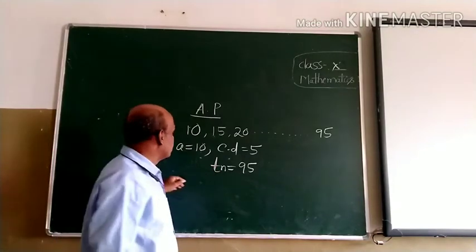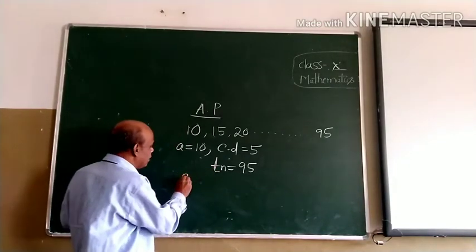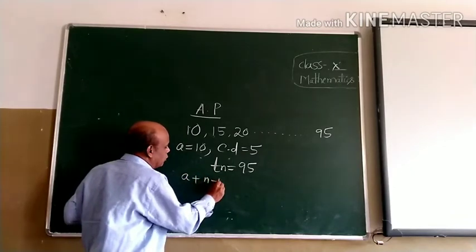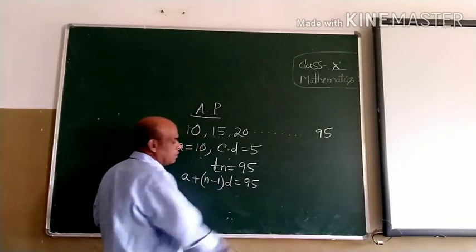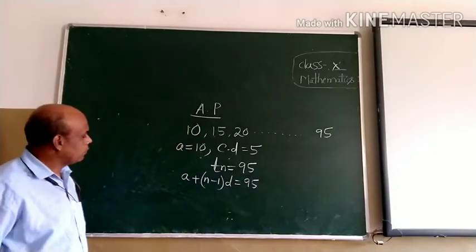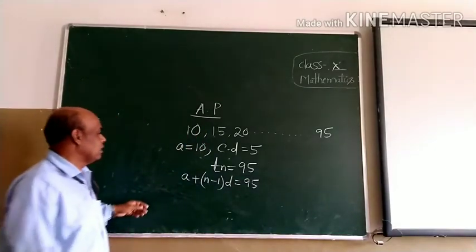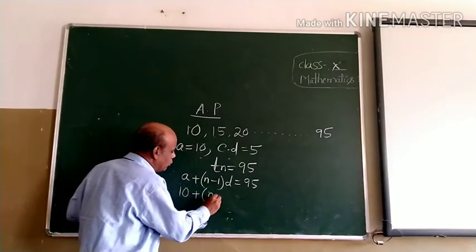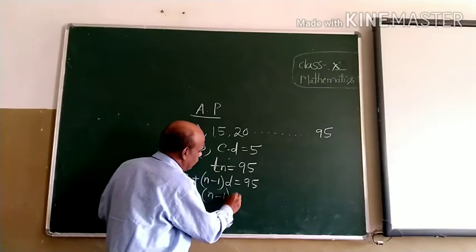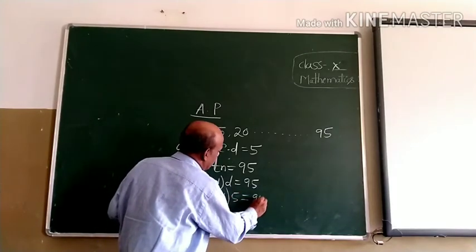Now we can put the values in the Tn formula: a plus (n minus 1) into d is equal to 95. Putting the values of a and d, a is 10 and d is 5, equal to 95.